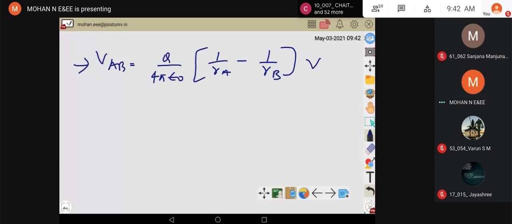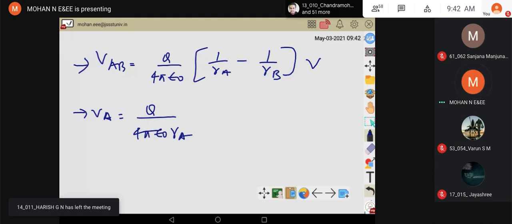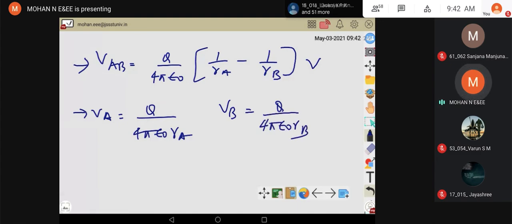Okay. Absolute potential means VA, that is simply Q by 4 pi epsilon naught RA, and that is measured with respect to a reference. Similarly, VB is equal to Q by 4 pi epsilon naught RB.